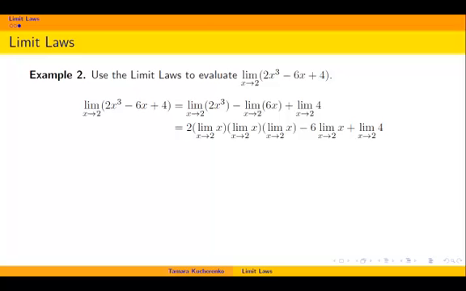We write x cubed as x times x times x and use the product law for the limits. Since the limit of x when x approaches 2 is 2, we replace all limits by 2 and obtain 2 times 2 cubed minus 6 times 2 plus 4 equals 8.